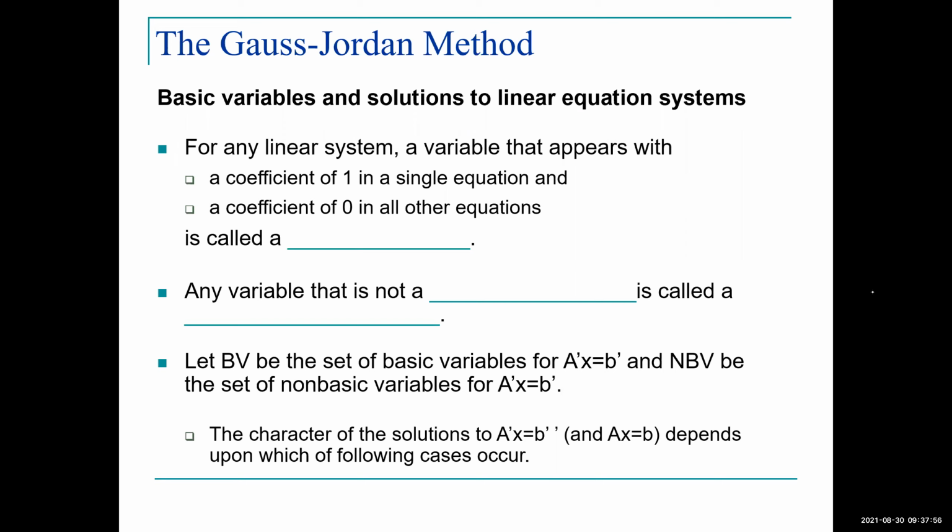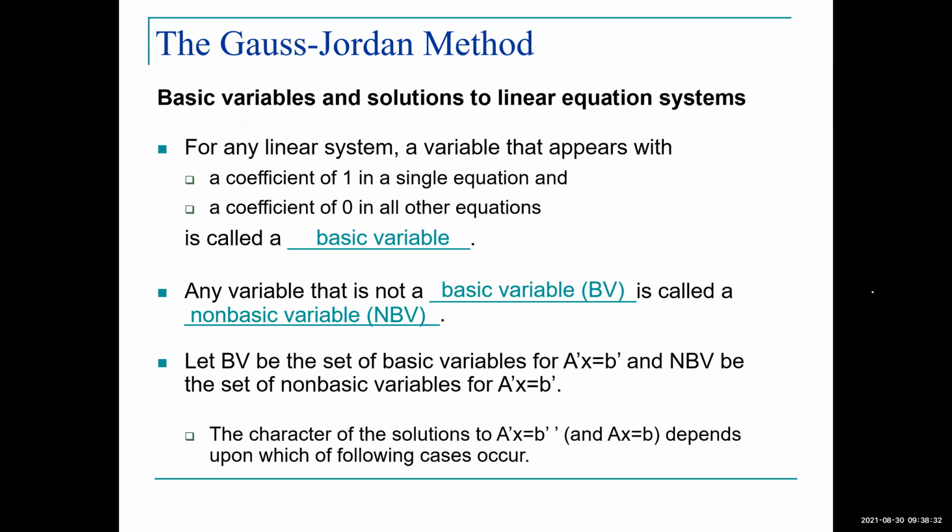So if you have a column with 3 rows, a vector with 3 rows, and you get a 1, 0, 0, that means that column represents a basic variable. Any variable that is not a basic variable is called a non-basic variable. If it doesn't show that structure, that variable or column represents a non-basic variable.